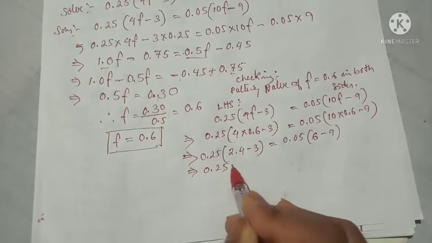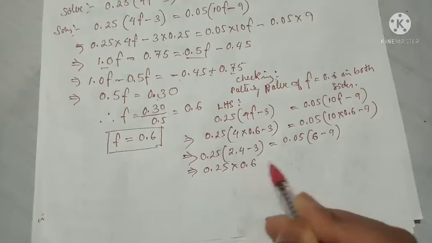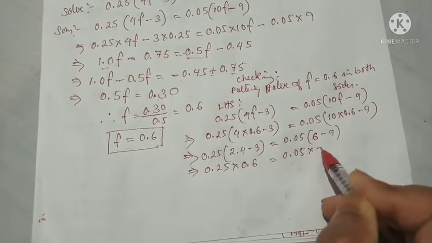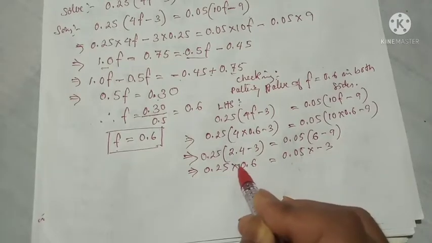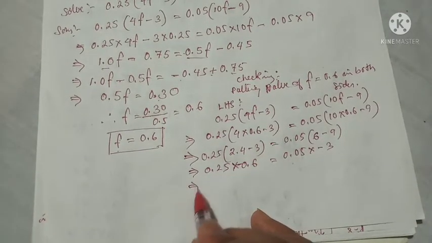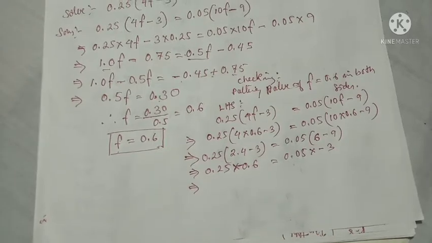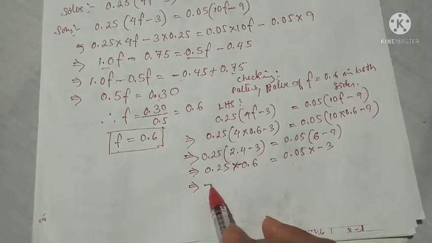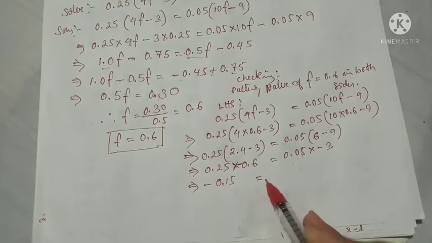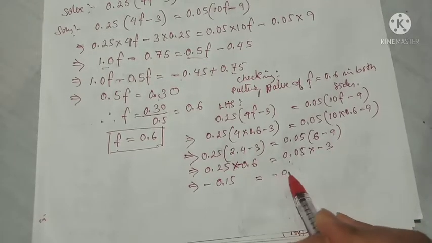Here comes 0.25 into, what will be the answer? Minus 0.6 equals 0.05 into minus 3. If you multiply 0.25 and 0.6, what will be the result? Your answer will be minus 0.15. On this side also, if you multiply, you will get minus 0.15.